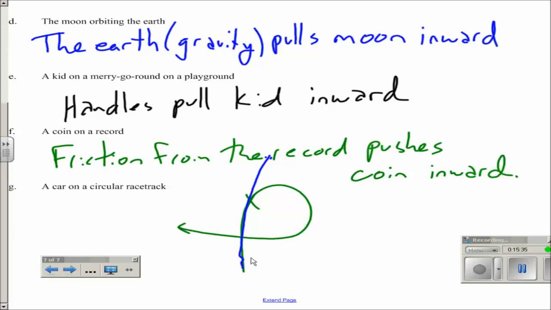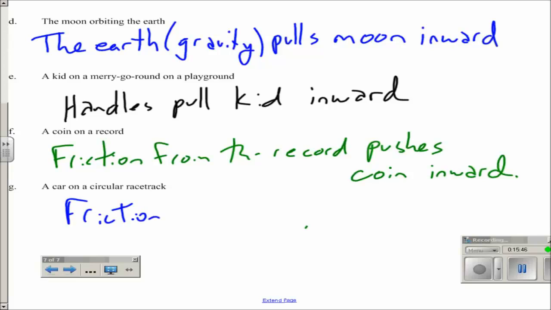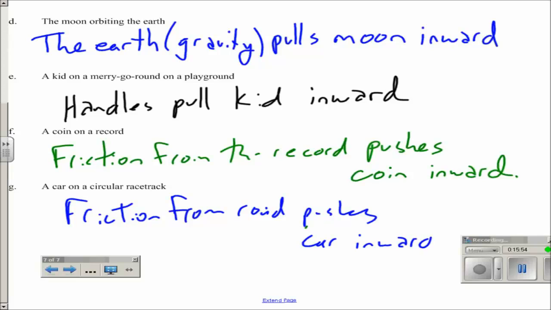If there's no friction, you don't go in a circle. If there is friction, you do. So the friction between your tires and the road is pushing the car inward, okay? So this one's the same thing. Friction from road pushes car inward.